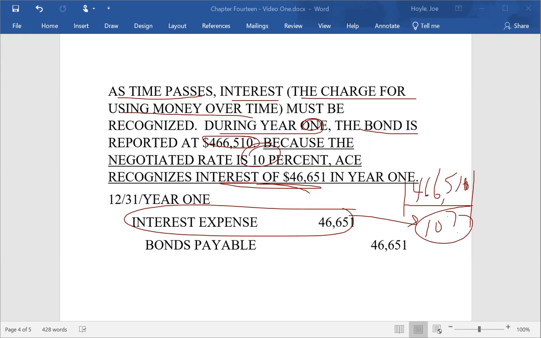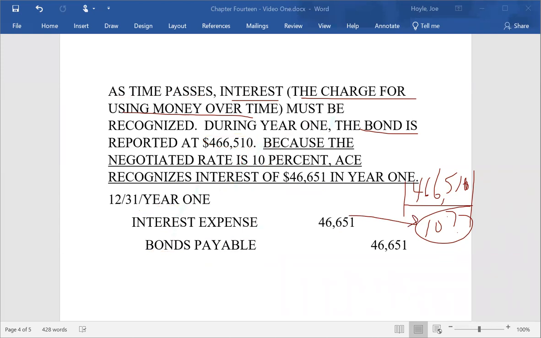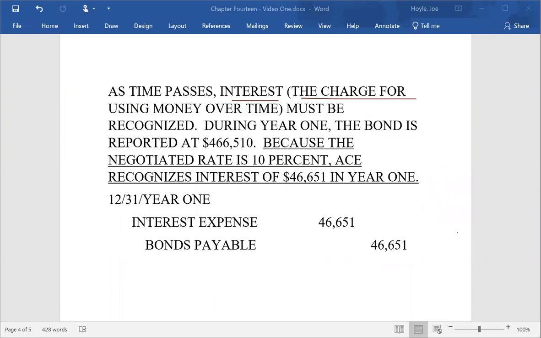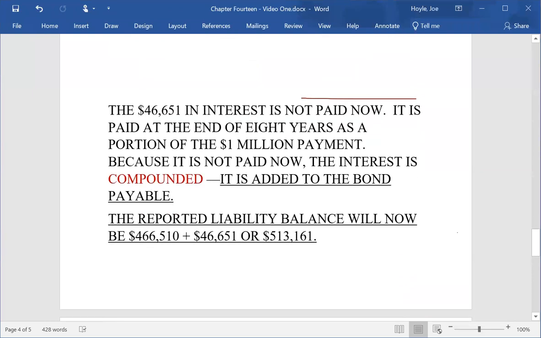And if you remember from earlier chapters, compounding means you add it to the liability rather than paying it right now. So this interest on the bond payable is compounded because you have recognized the interest, but you won't pay that interest until the end of the 8 years when the bond comes due.